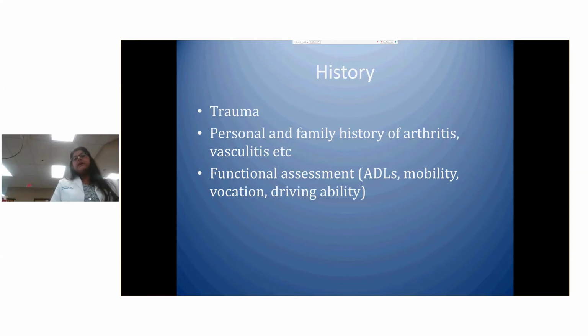And then of course functional assessment. I'm a physiatrist, so I'm doing a functional assessment on every patient. How are they moving? Do they use equipment? How are they performing their ADLs? What do they do for work? Do they have difficulty at work? Do they have symptoms? When are they precipitated? Are they able to drive? Are they able to turn their neck and drive? Are they not able to do that? All of those things are important in the history.